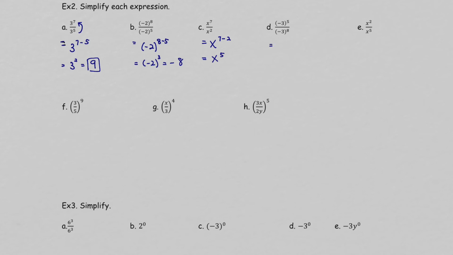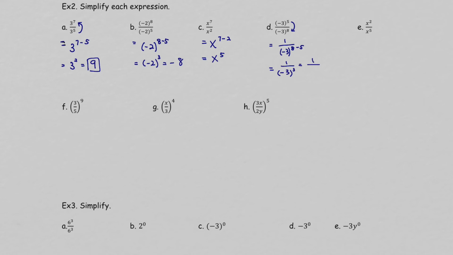This one, I want to bring down. Why bring down? Because my exponent on the denominator is bigger than the numerator. 8 is bigger than 5. So if I bring it down, I will have 1 over negative 3 to the 8 minus 5 exponent, which gives you 1 over negative 3 cubed.